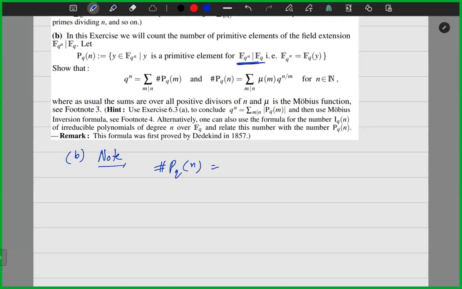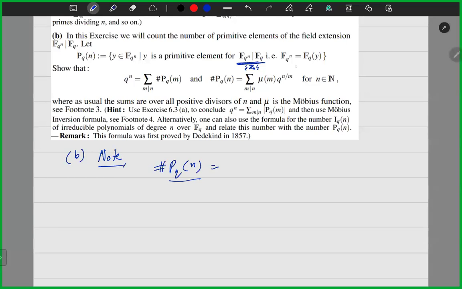There will be nothing in the intersection because of some Galois theory. The Galois group acts on the roots of the polynomial, and if the polynomials are distinct, the roots should be distinct, because one root goes to another and the action is transitive. So for those reasons, we are counting primitive elements of F_q^n.